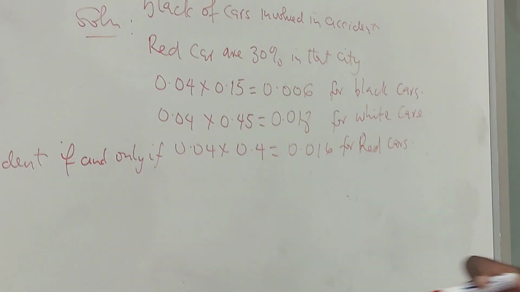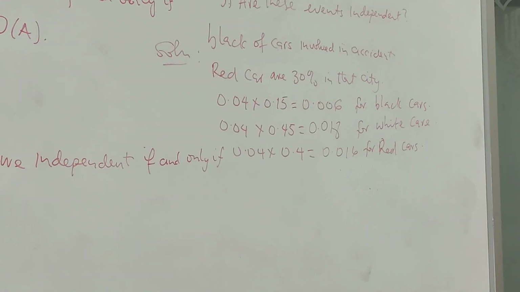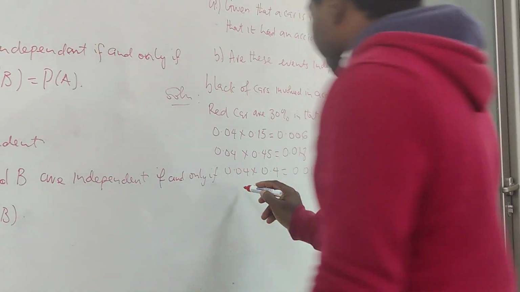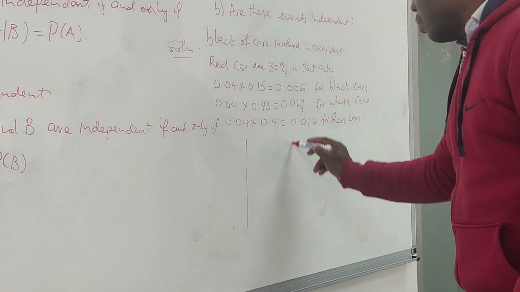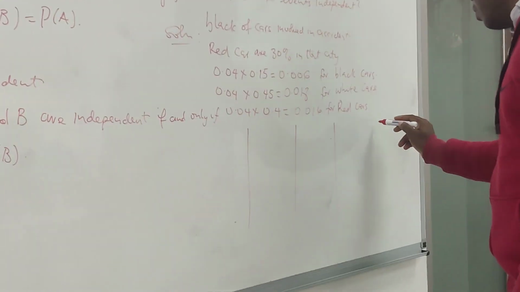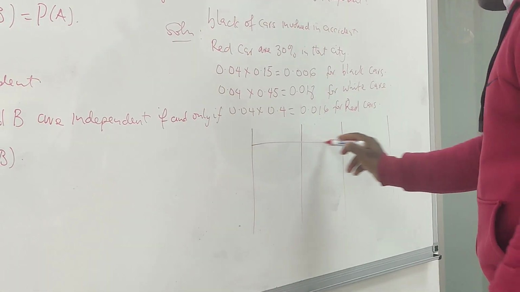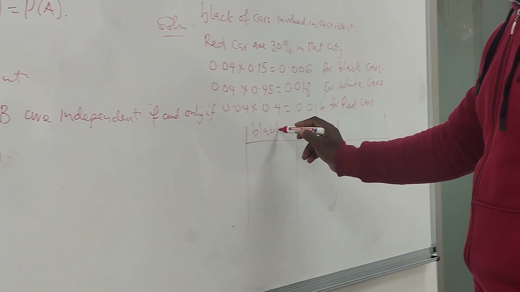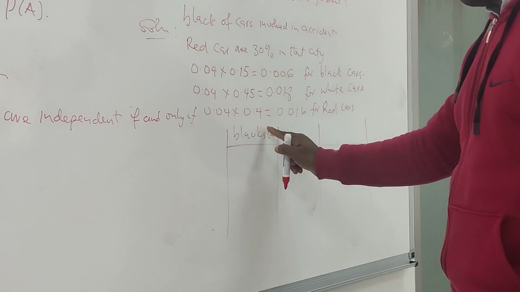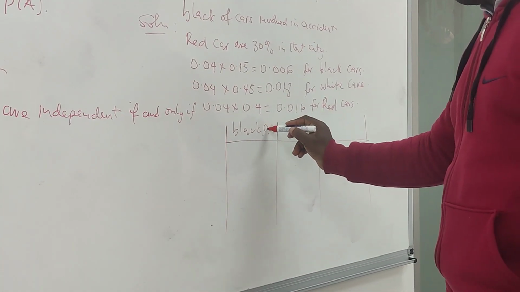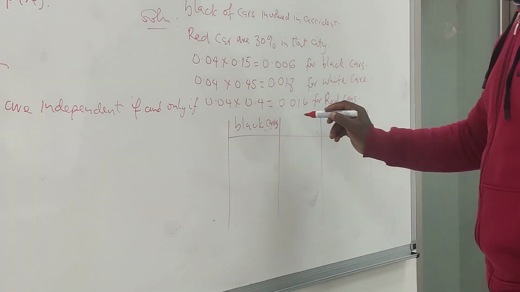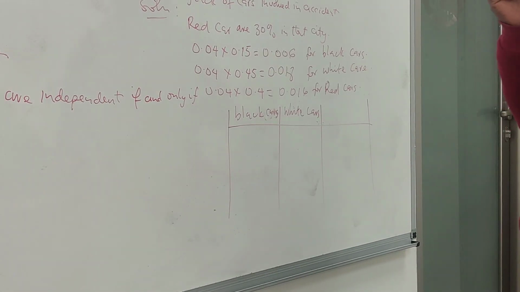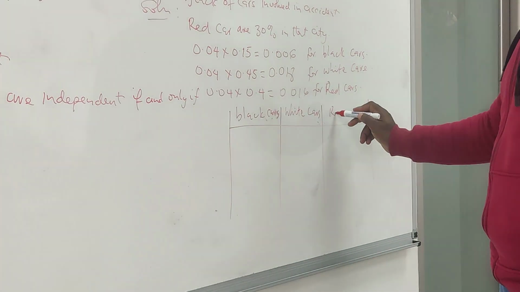Now we can draw our table for the conditional probability. So we can draw it this way. We have the first column for black cars, the second column for white cars, and the last column for red cars.